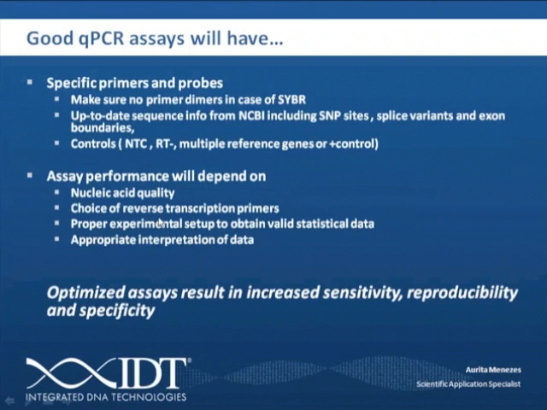The choice of your reverse transcription primers, what priming strategy you use, and in your experimental setup, make sure that you have enough replicates, biological as well as technical, that will make appropriate interpretation of your data easy. So optimized assays will result in increased sensitivity, reproducibility, and specificity.